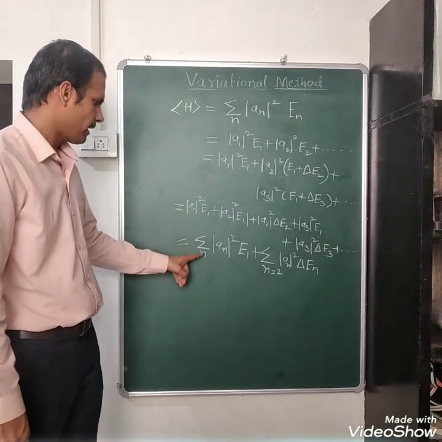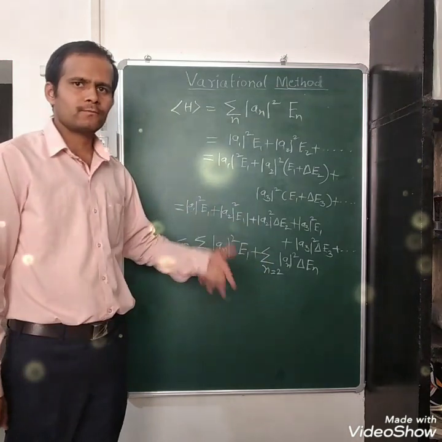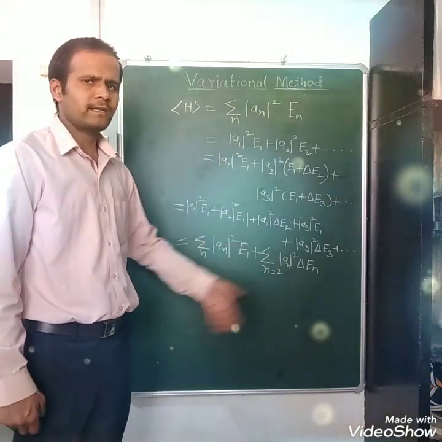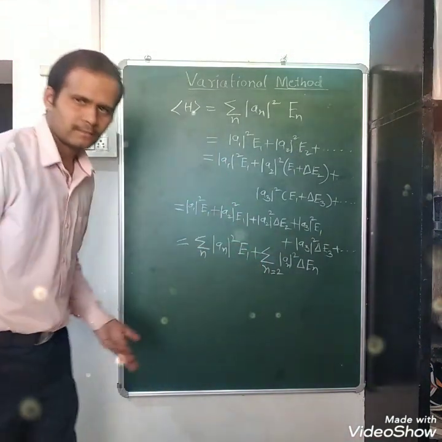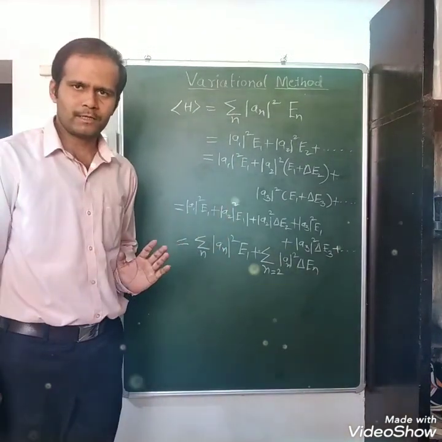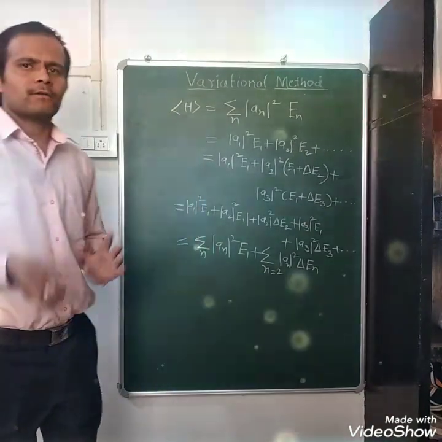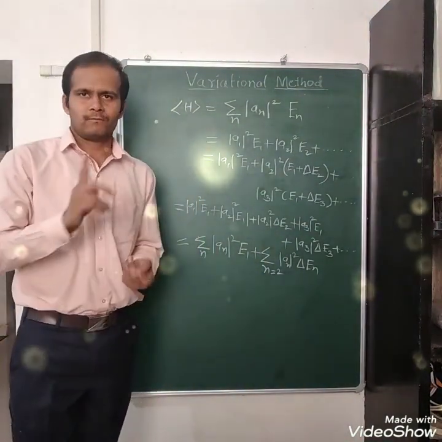So if we add all the probabilities of the system being found in each eigenstate, then it becomes the total probability of the system, and we know that the total probability is 1.